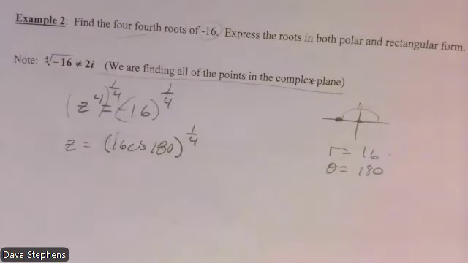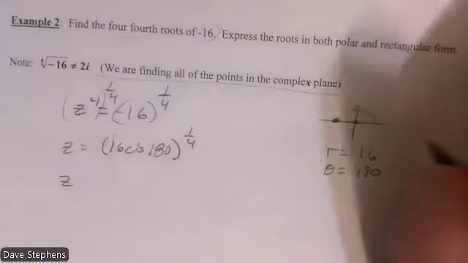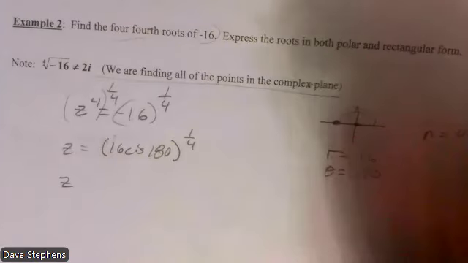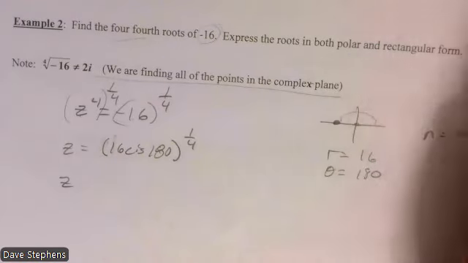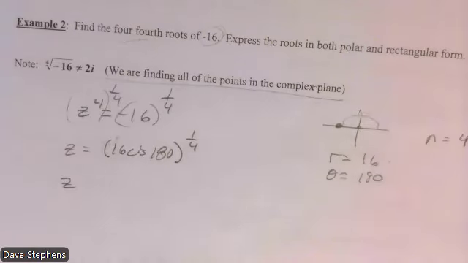There we go. That's what I wanted to say. So then our n is equal to 4, so that means we're going to have 4 of these to do, right? We're going to have 4 to go through.